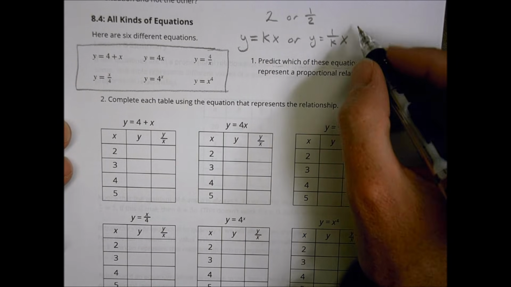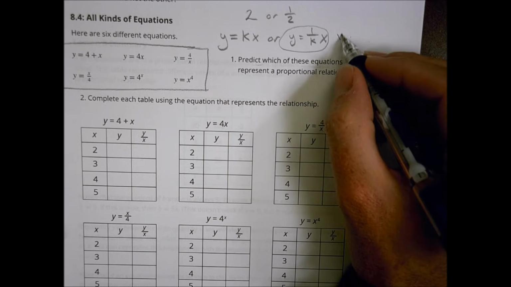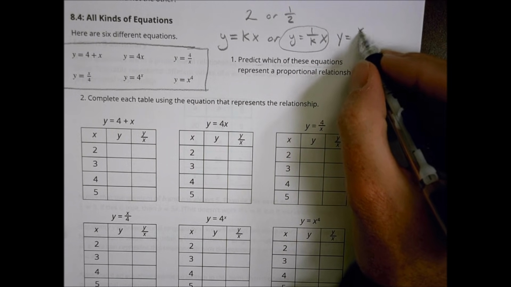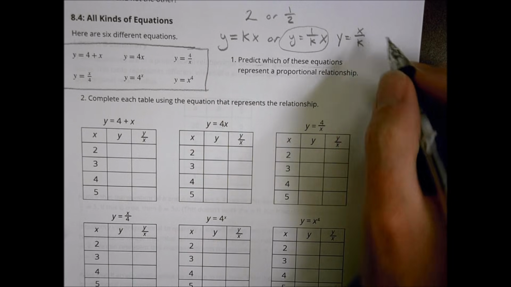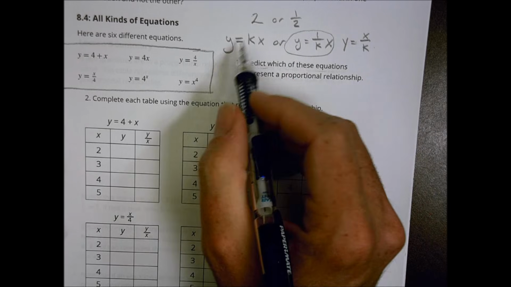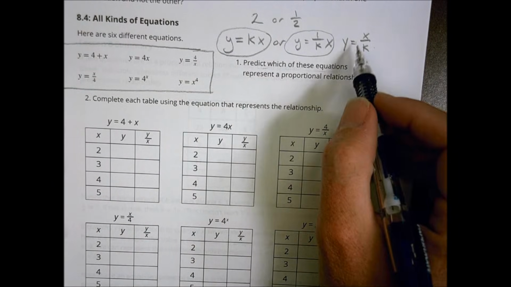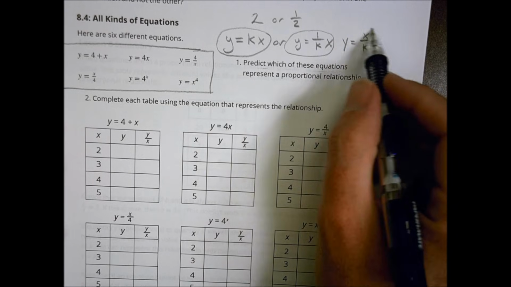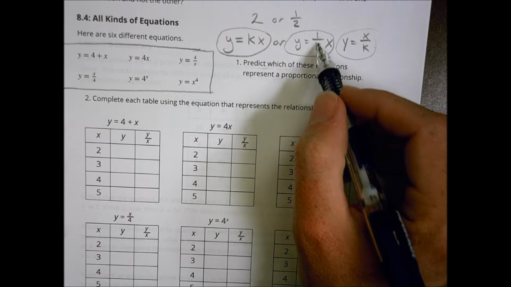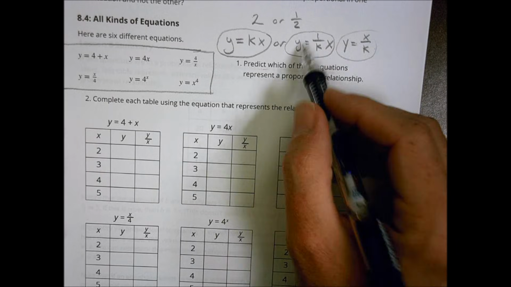When this is rewritten, it tends to look like this: y equals x over k. We're just taking that x and multiplying it by 1 and sticking it on top. You usually won't see a fraction in front of the x. If it's a 1, you'll have the x on top. So those are going to work there.